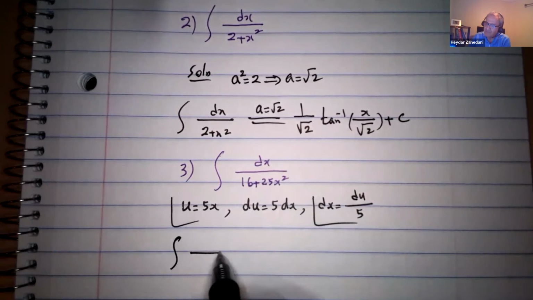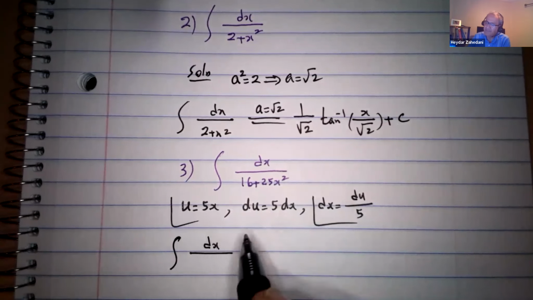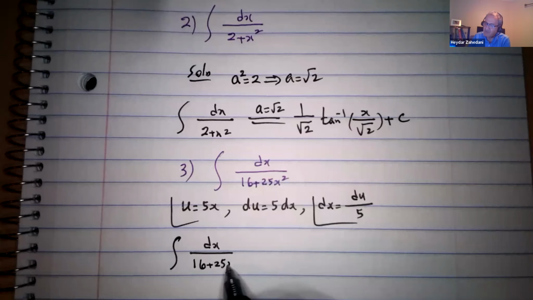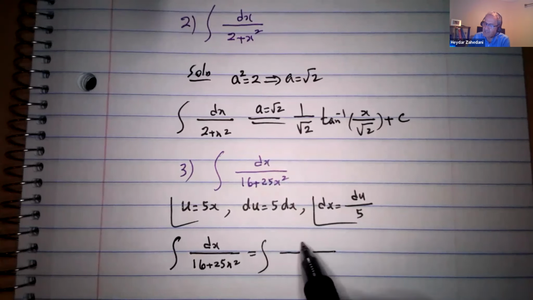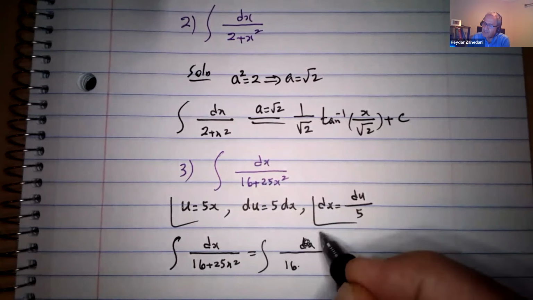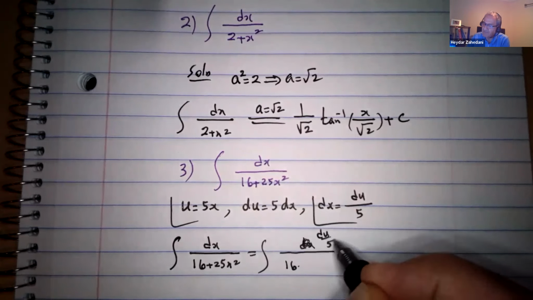So it's dx over 16 plus 25x squared. Oh, I'm sorry, I have to substitute for the dx. The dx is du over 5.